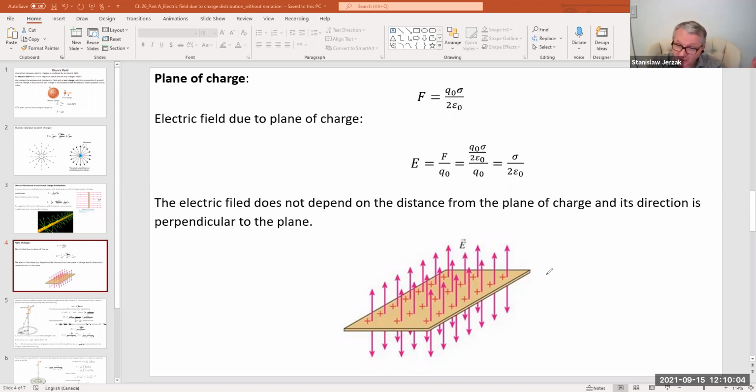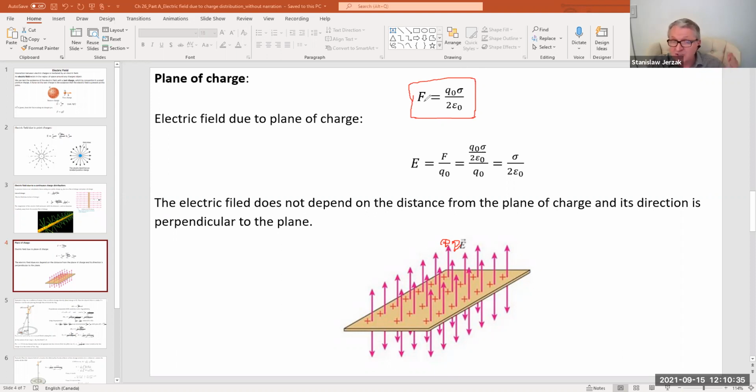And as you remember, just a few minutes ago, we calculated the expression that if this is the plane, and I put any point charge Q0, a positive charge Q0, at a certain distance from that plane, then the force acting on that charge Q0 is given by this expression, Q0 sigma divided by 2 epsilon 0.